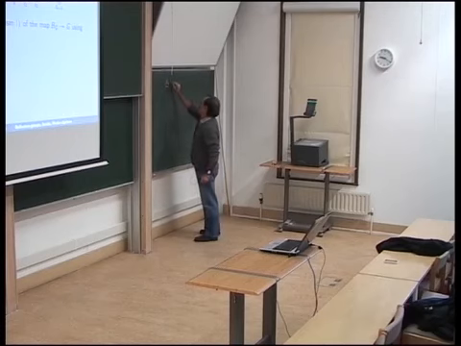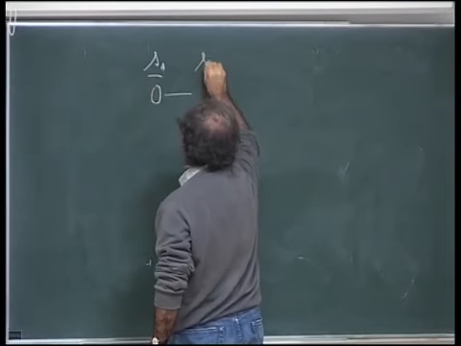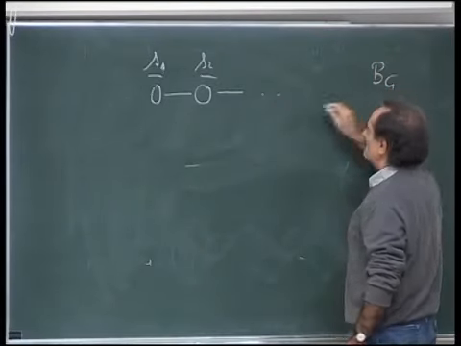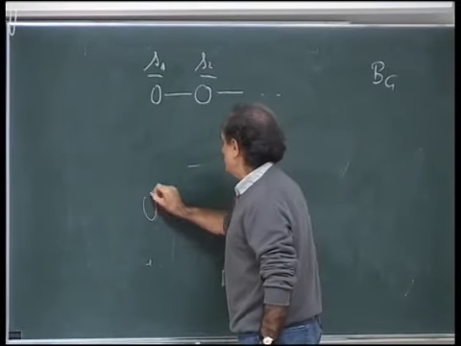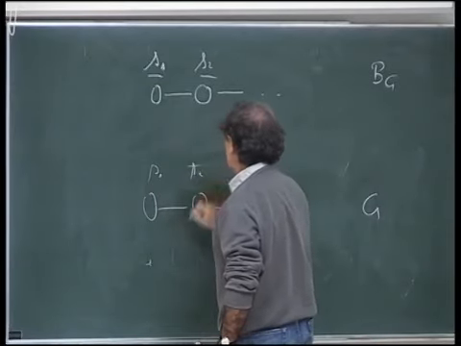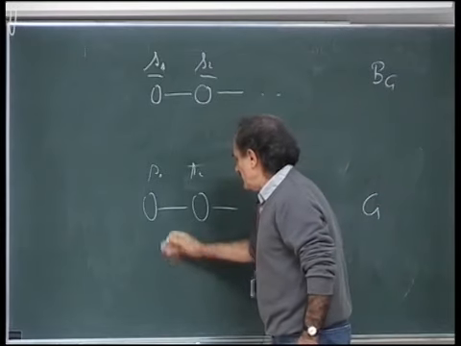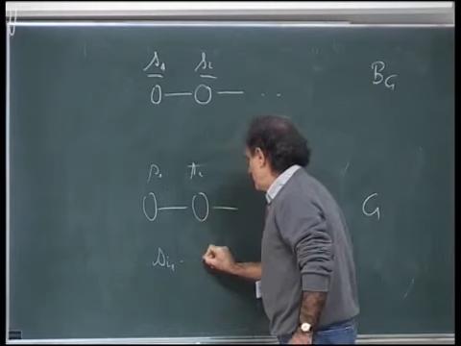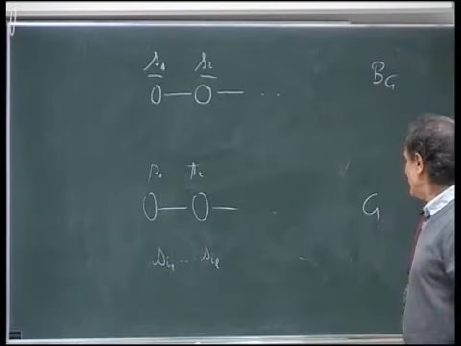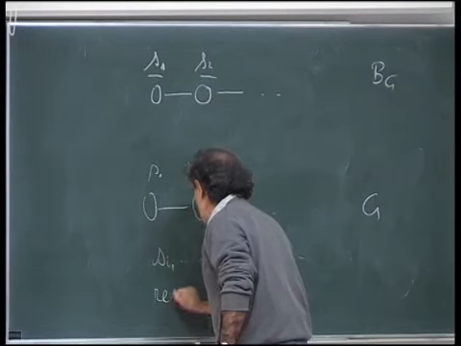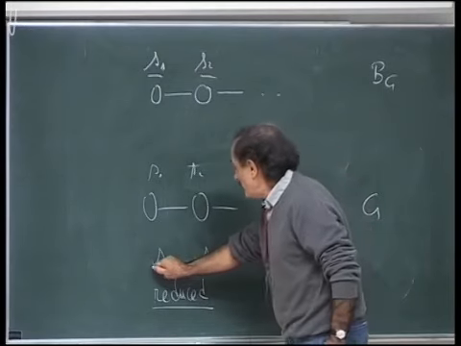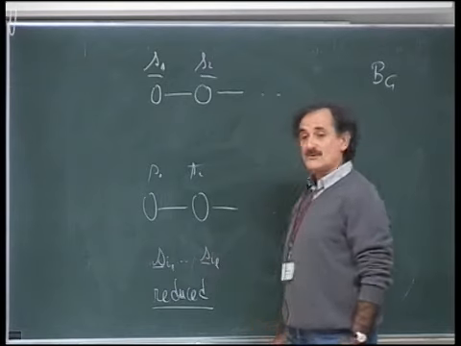If you have this presentation for the group BG, underline s1, underline s2, etc., corresponding to this presentation for the group G, s1, s2, etc., each time you take a reduced expression, s_{i1}, s_{i2}, ..., s_{iL}, reduced, then you can, in a sense, lift it up by considering arbitrarily this element of the braid group.